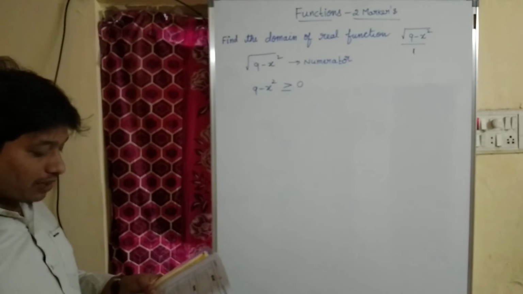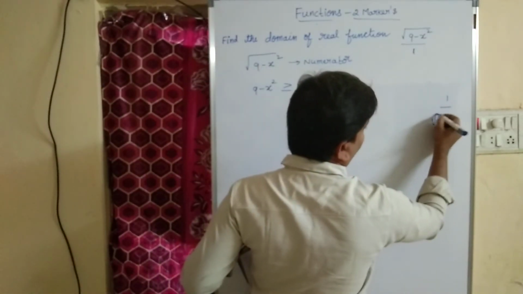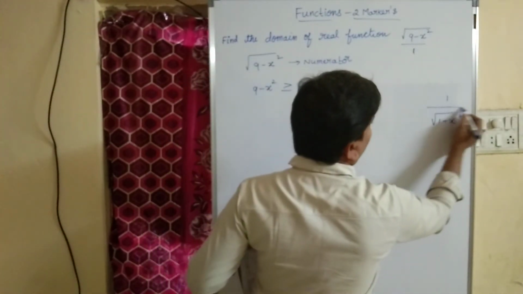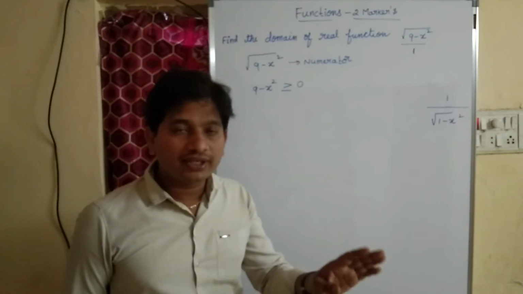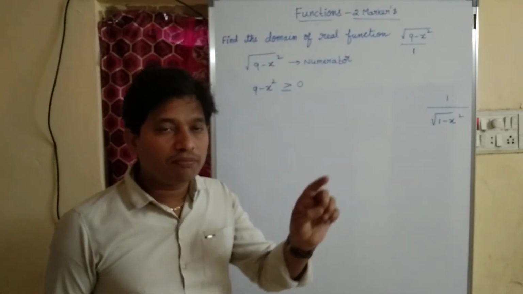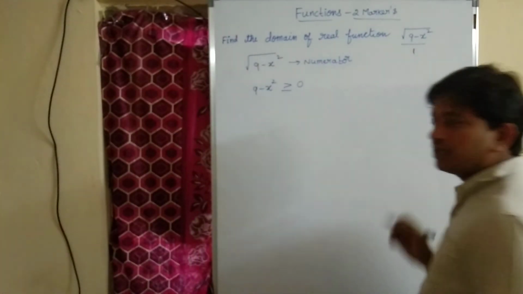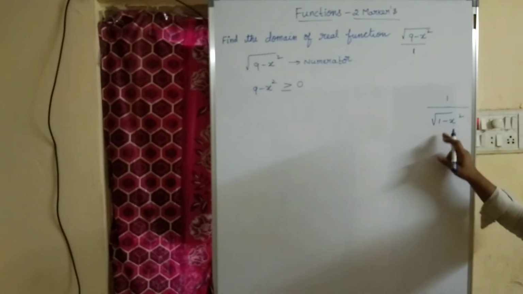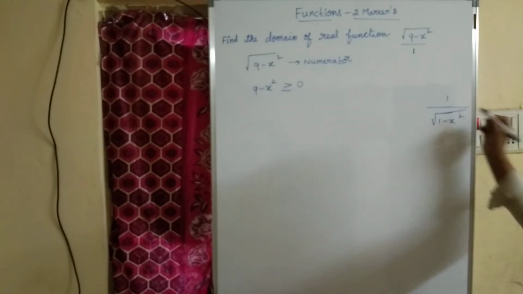For example, let me say one more question. Find the domain of the real function, my second question, f of x equal to 1 by root over 1 minus x square. Children, now if you observe this, the expression root over 1 minus x square is in the denominator.